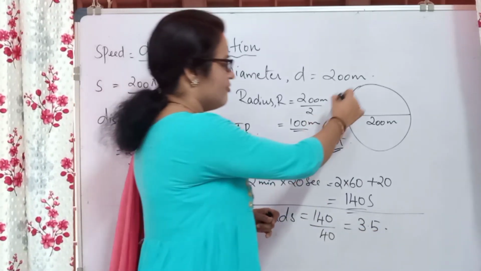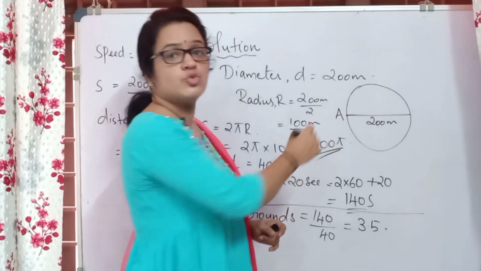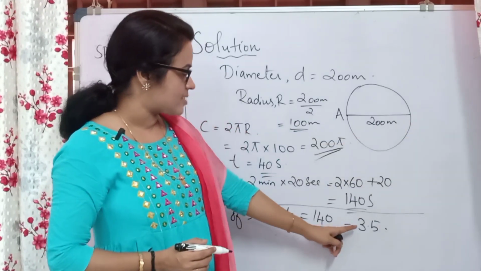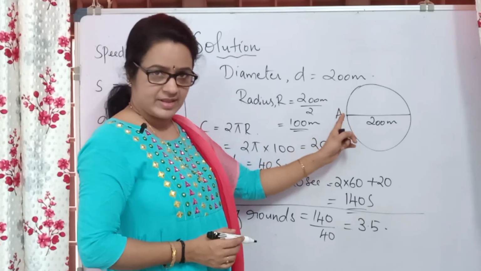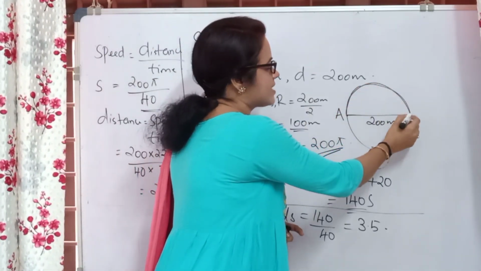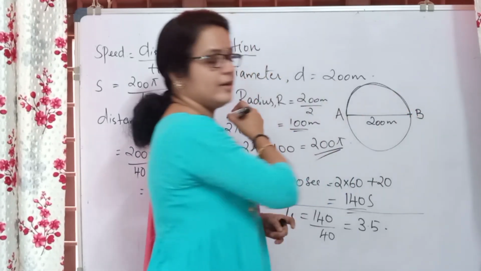So 1, 2 and 3. After completing 3, he has moved half of the circle. Suppose this is 3, and now he has completed 3 circles, so he again has to move half of the circle. So he might have reached here. Suppose this is B.